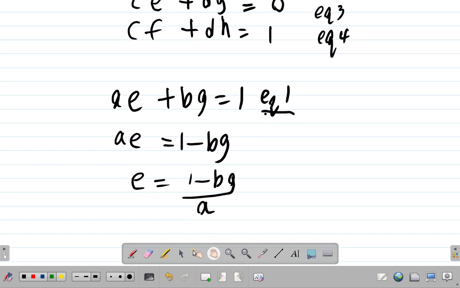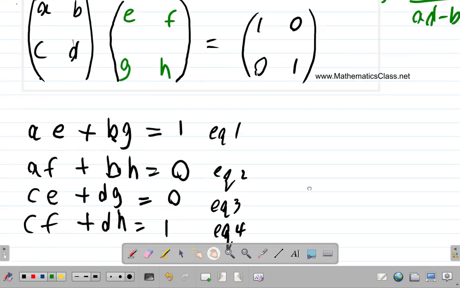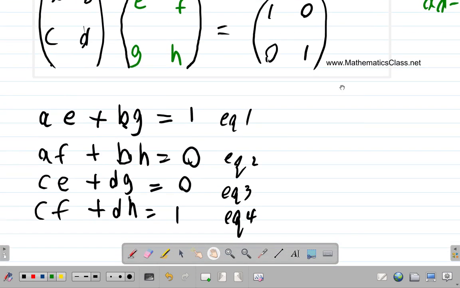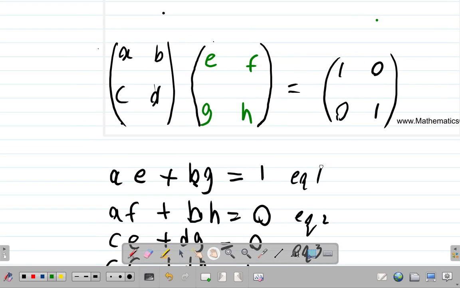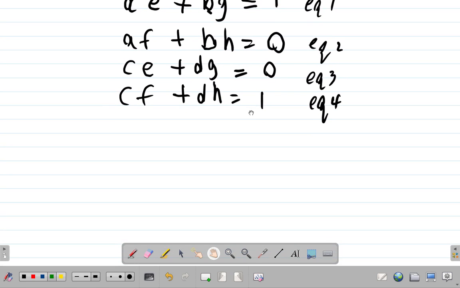What we found are E and G. Time to find F and H now. Now you notice equations 2 and 4, they have F and they have H.